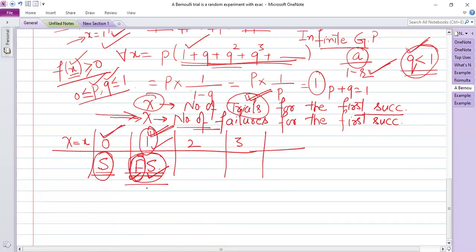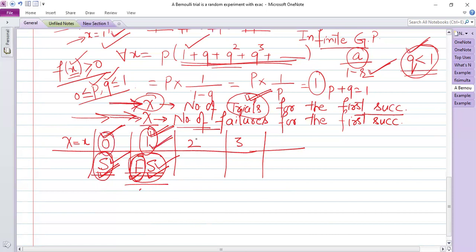But how many trials are there? Two. So I repeat, for the top x, for S the value of x was 1, and for this it was 2. But for the below x, for the first success, here it is 0 and here it is 1.